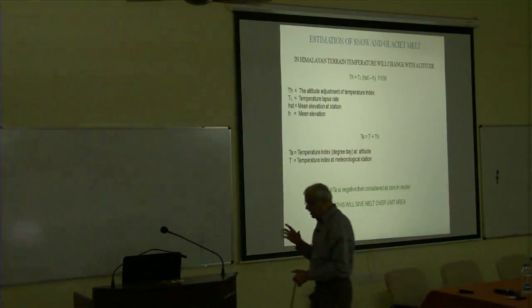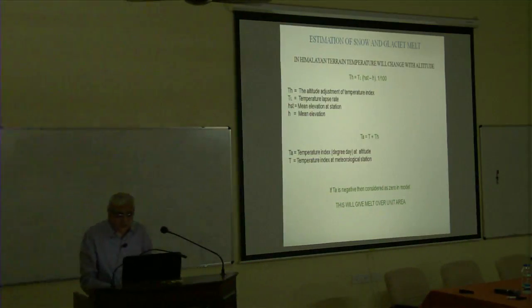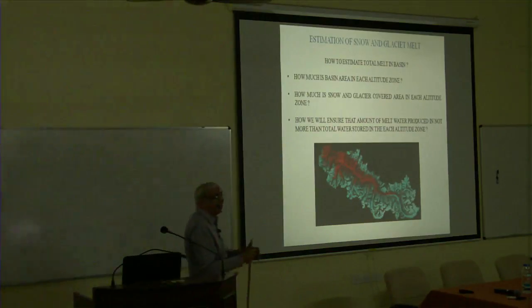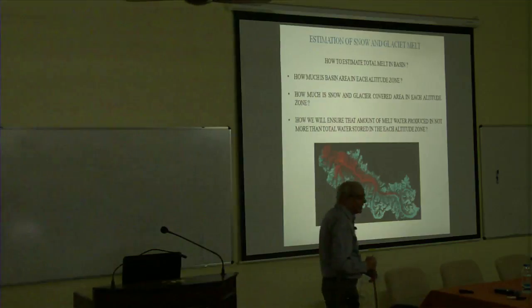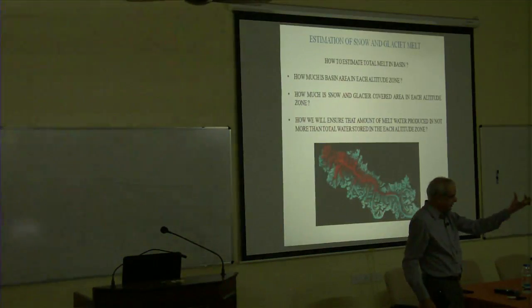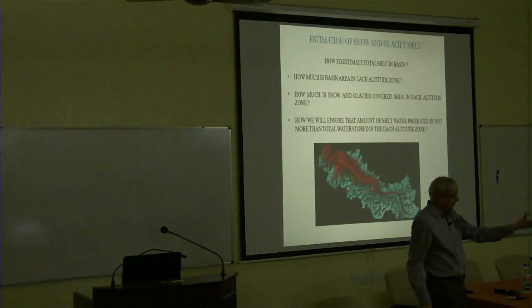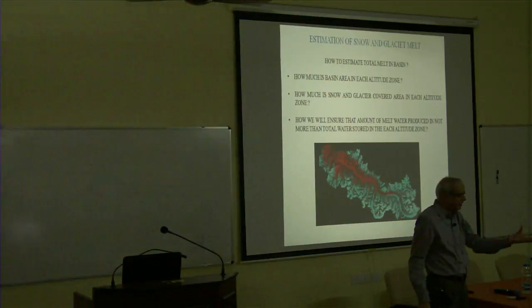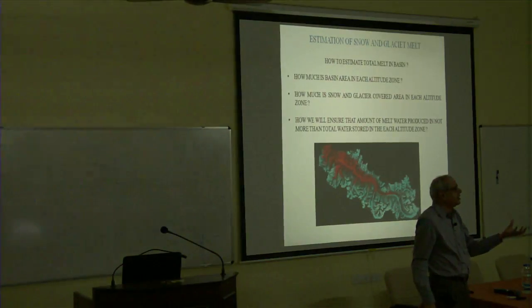So the next step for you is to get how much it will melt for the entire basin. Correct? We know for each altitude zone how much may melt, how many cubic centimeters, or if you want to convert it into mass, you can. Per unit area, you can calculate how much snow is melted.